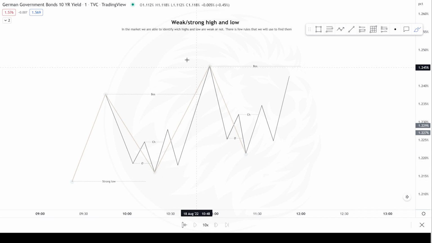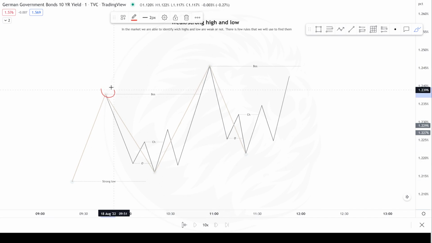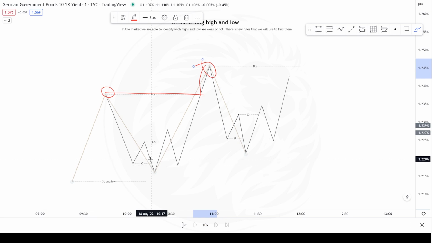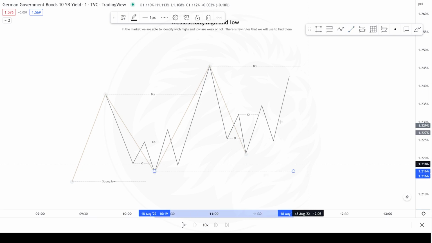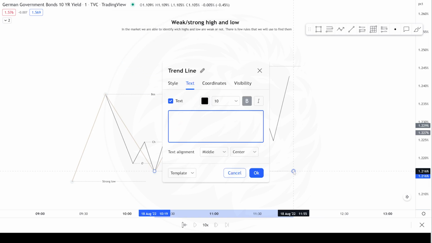So once price breaks this structure with a candle close, depending on the time frame, this will become the strong low. Why? Because this is the low that the bank will protect if they want to pursue the bullish trend. So here this will be a new strong low.